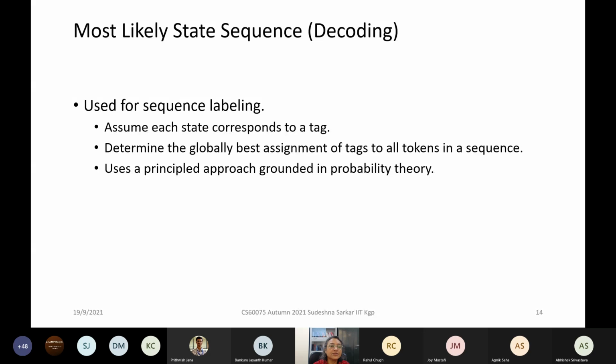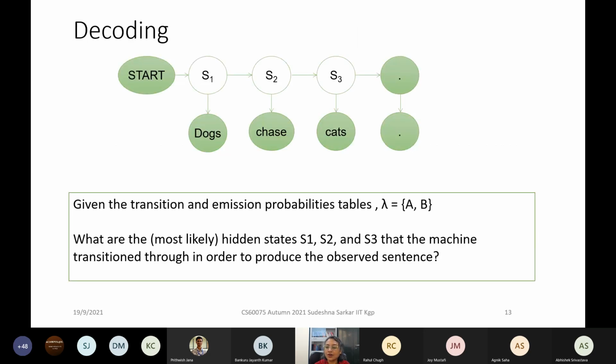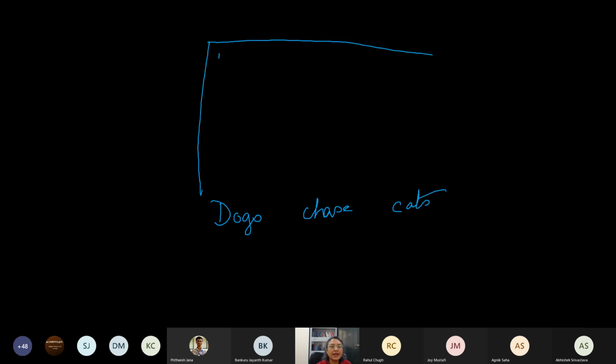So, let me just tell you what we can do for the problem that we talked about. We have this sentence, suppose dogs chase cats. And these are the possibilities. Suppose dogs can be noun or adjective or verb.